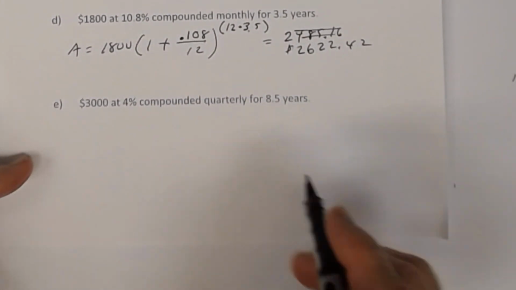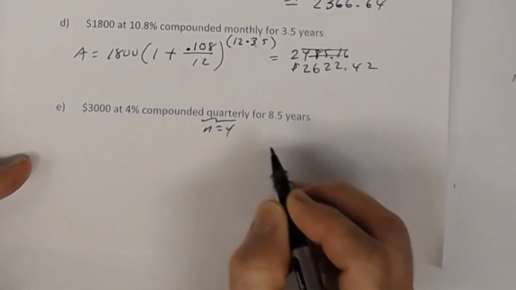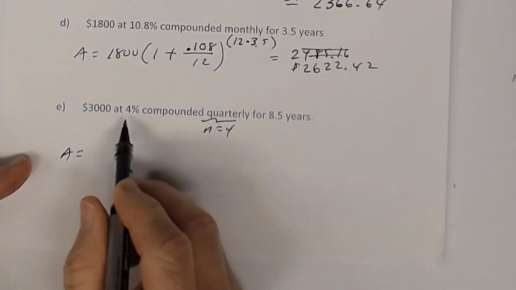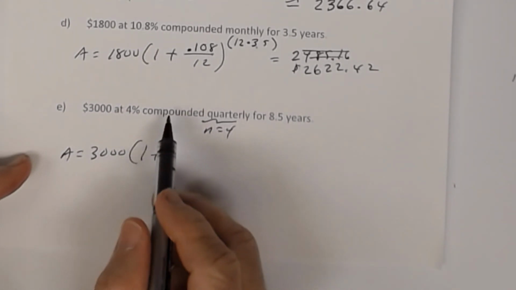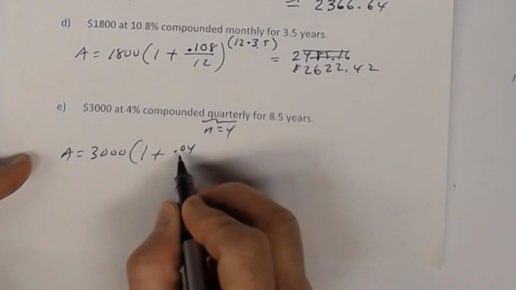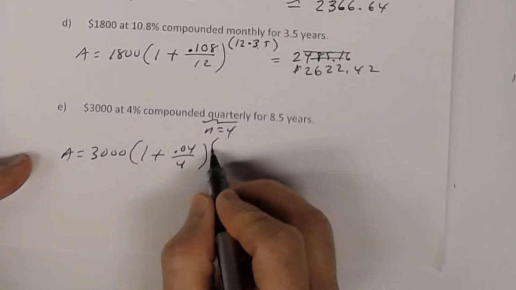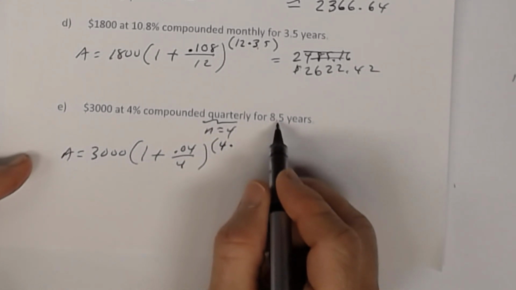Okay, letter E. This one is compounded quarterly. Remember, quarterly means n is 4. So I get A equals the principal, which is 3,000, times 1 plus r, which is 4%. As a decimal, that's 0.04, divided by 4, raised to 4 times t, and t is 8.5.